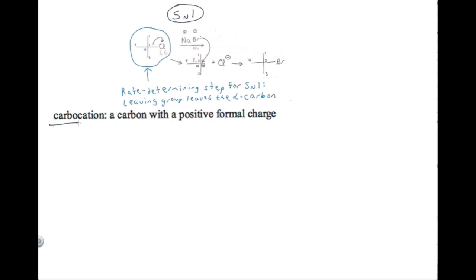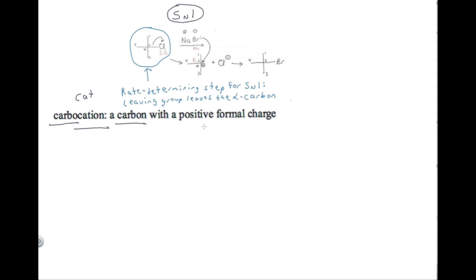What does carbo mean? It means carbon. And what does cation mean? Well, we discussed earlier that we could imagine that the t is like a plus sign in the term cation. So you could imagine that this says a positive ion. A cation is a positive ion. So that indicates the positive formal charge.